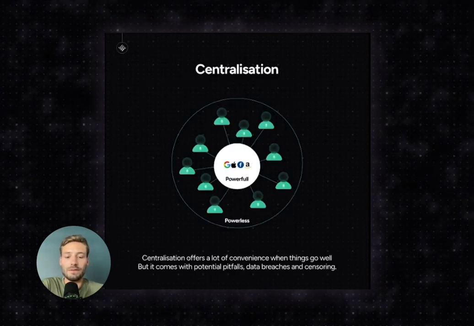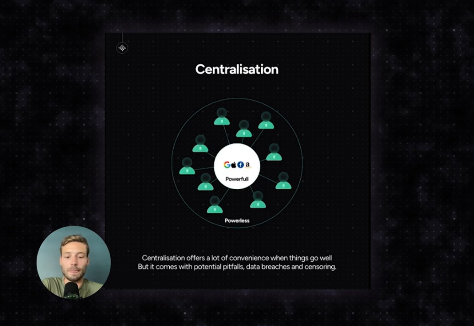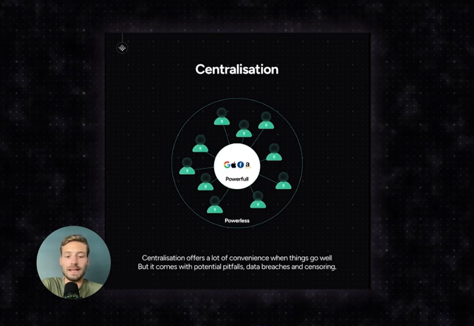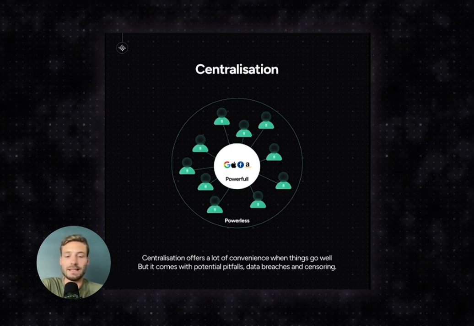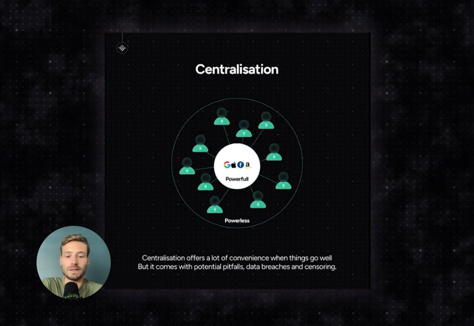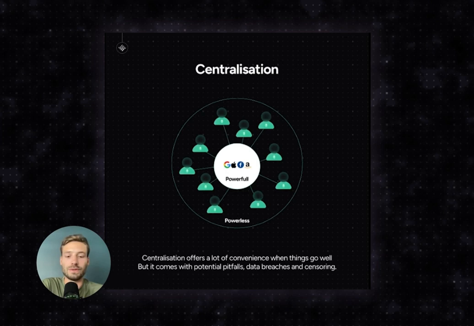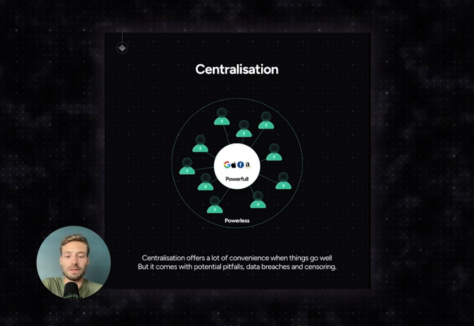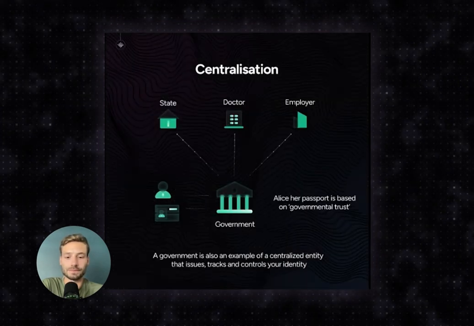It offers a lot of convenience when things go well, but it also contains data breaches and censoring and makes a big shift between the powerful, which are the platform owners, and the powerless, its users, who are being used as a product to advertise against.